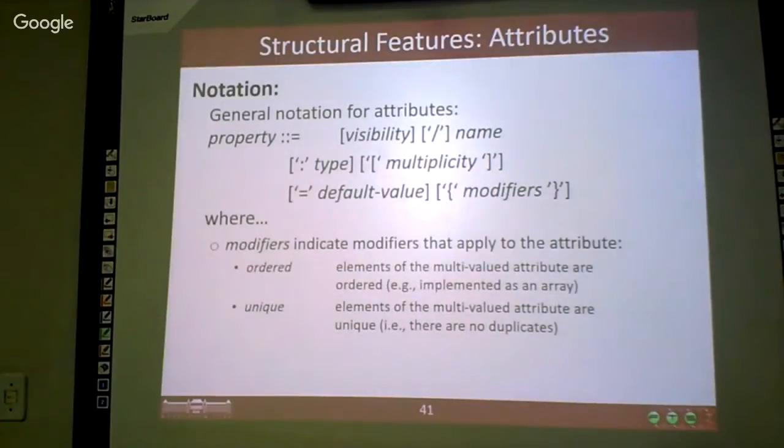We can also express that an attribute is ordered, especially interesting for multi-valued attributes, and this can also tell us something about implementation details, for example if we would like to implement it as an array. And we can also tell if an attribute is unique, so there are no duplicates in this attribute.